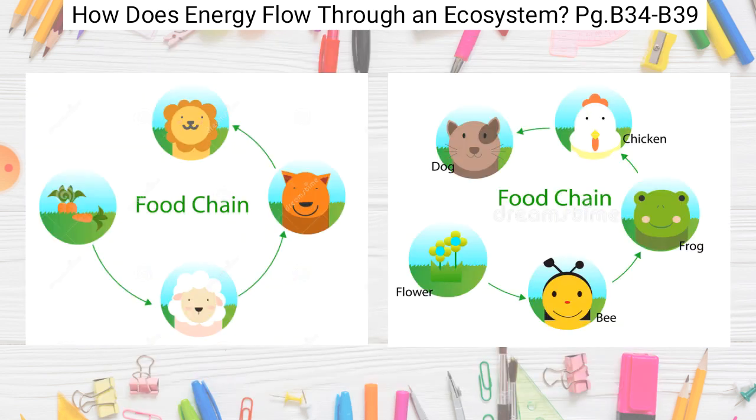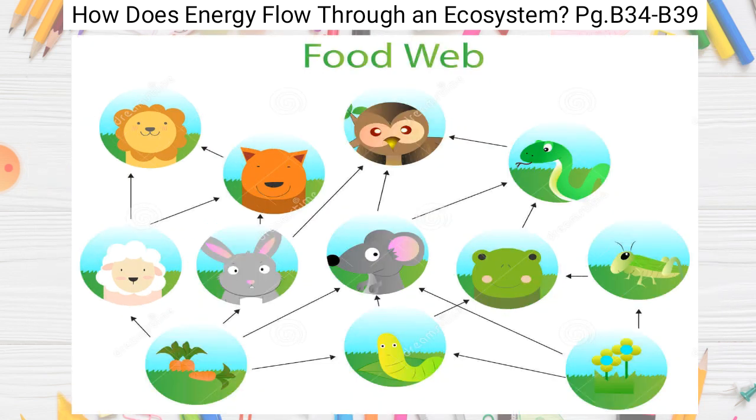Let's see here. A food chain can start with carrot, sheep, fox, lion, or flower, bee, frog, chicken, dog. Very simple, right? But the food web connects all of them.